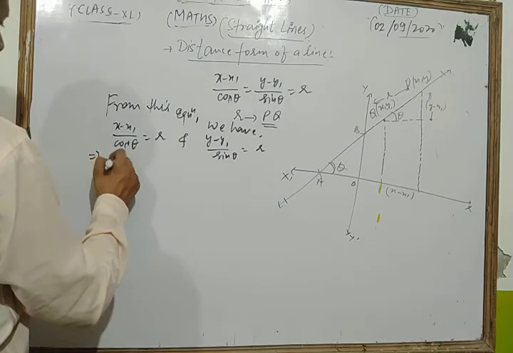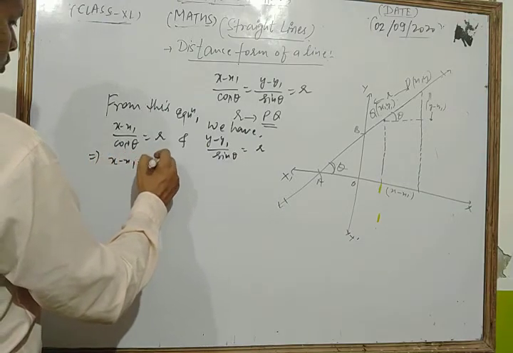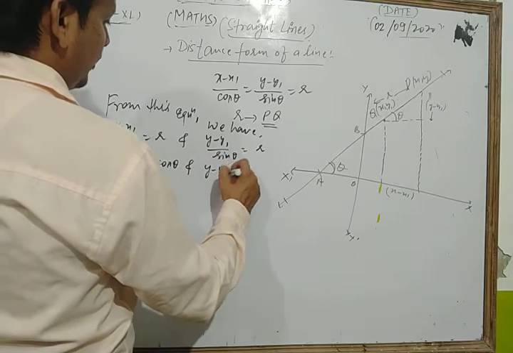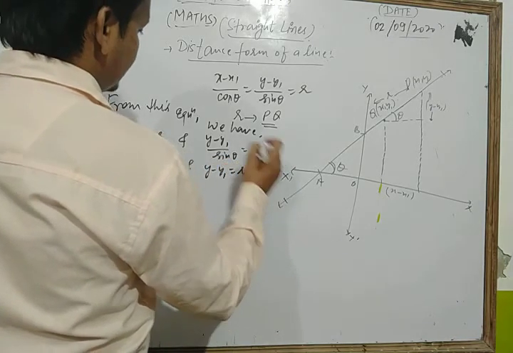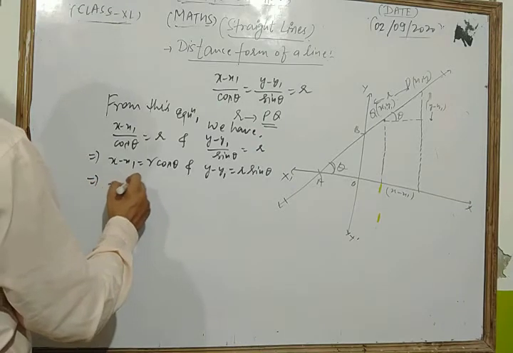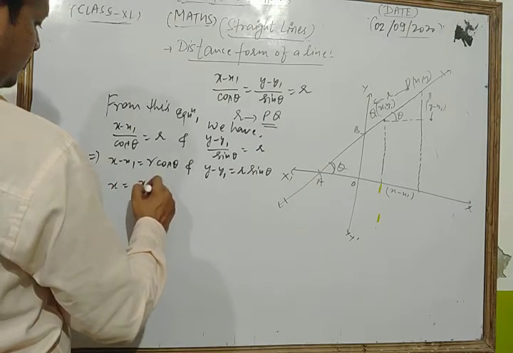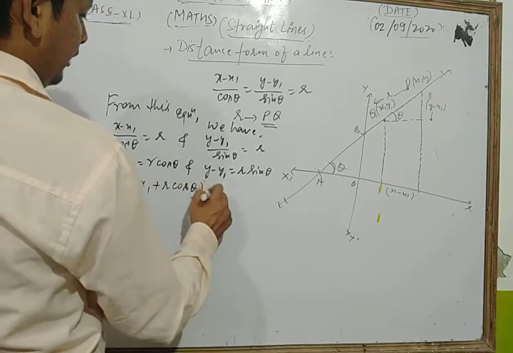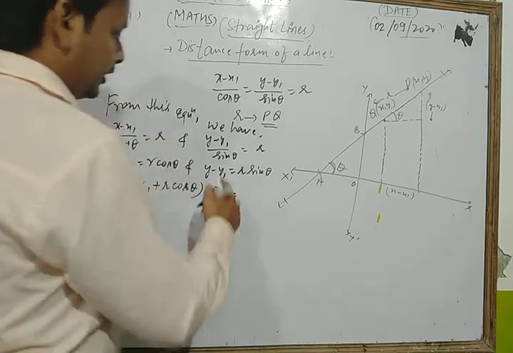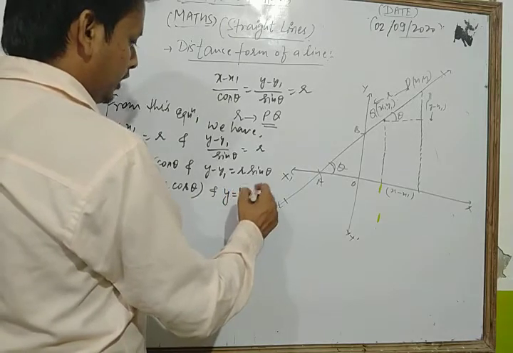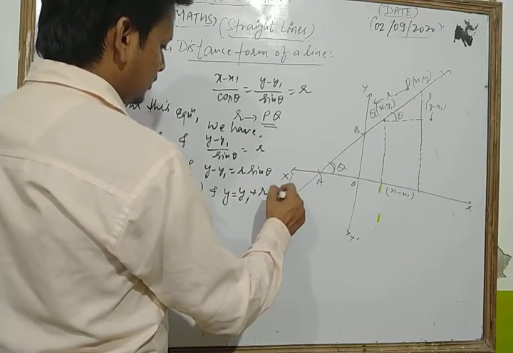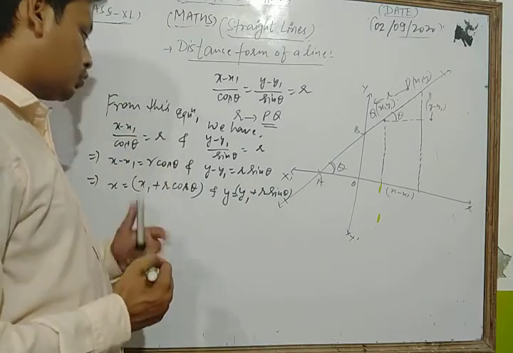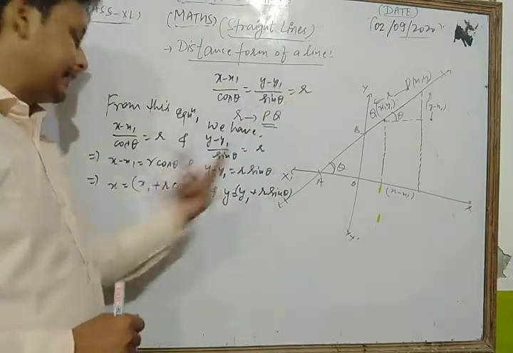From this, x minus x1 is equal to r cos theta, and y minus y1 is equal to r sin theta. In this way, the value of x is x1 plus r cos theta, and the value of y is y1 plus r sin theta. In this way, we find the coordinates of a point which lies on the line.